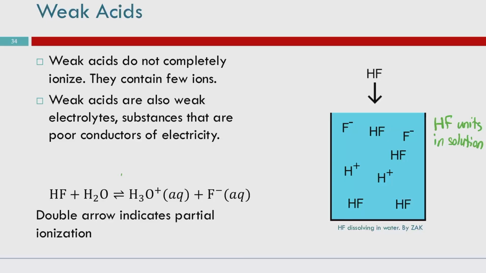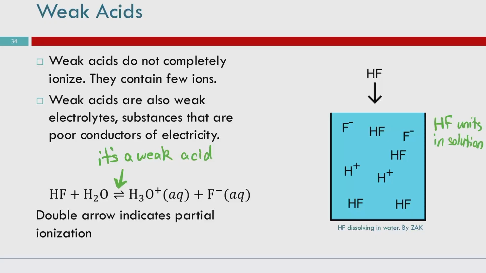A key indicator here that this is a weak acid, if you weren't just told, is this double arrow. So this means that the reaction goes both ways.